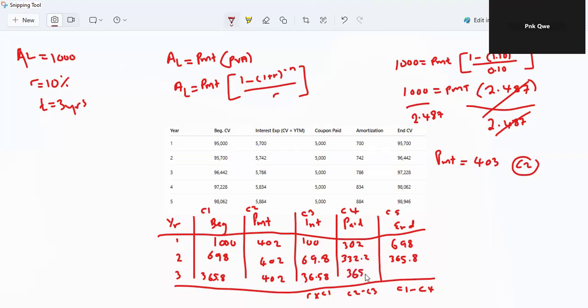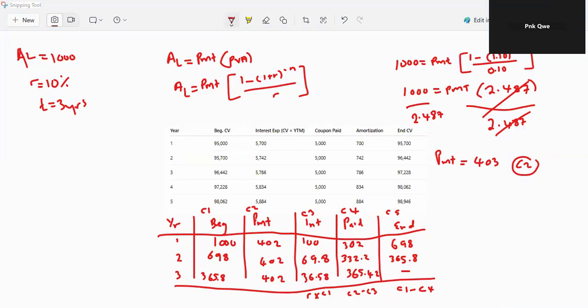Then approximately, I subtract here, and this means that you get a 0, meaning you'd have amortized the loan. All right. So this is what we call loan amortization. It carries good marks. I really need you to understand.